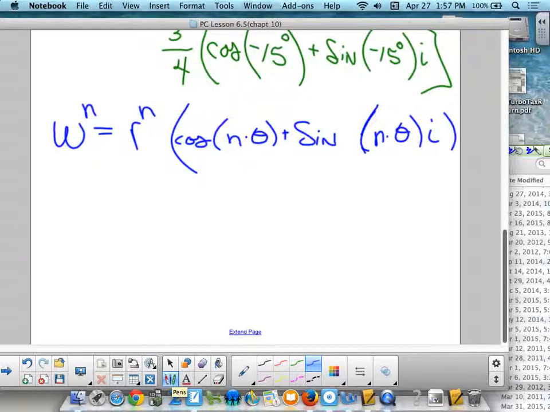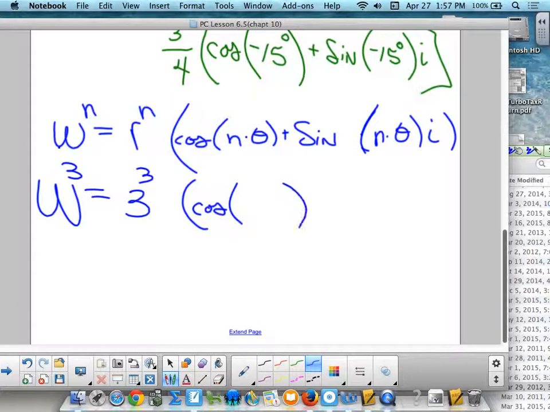Your complex number W raised to the n power would be this. So you're going to take W and cube it, which means take your radius and what? Radius is 3, cube it. Cosine of? What's your angle? 30 degrees times 3, whatever n is.